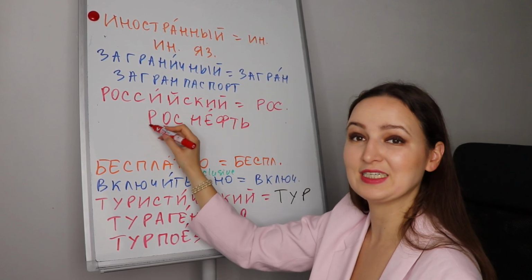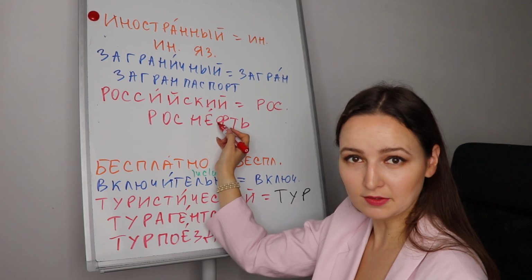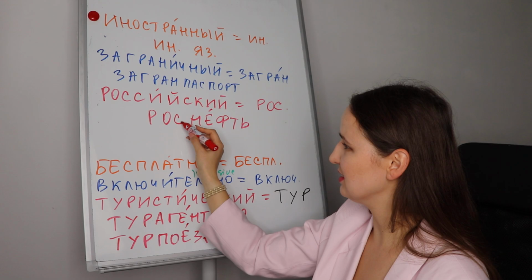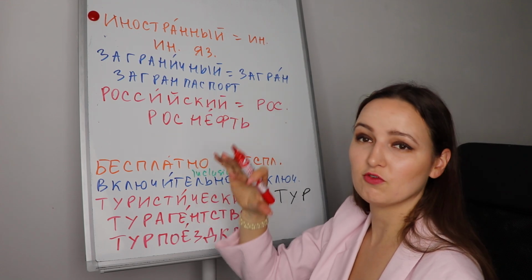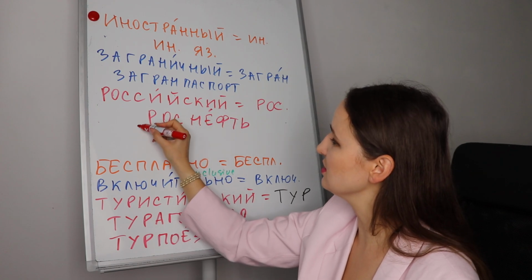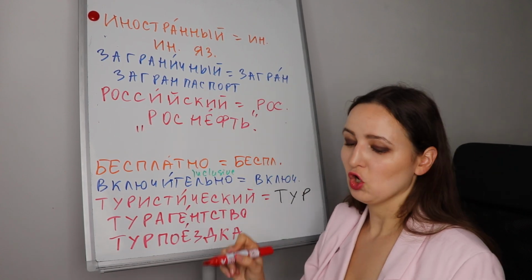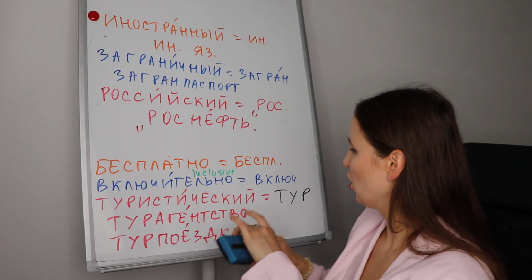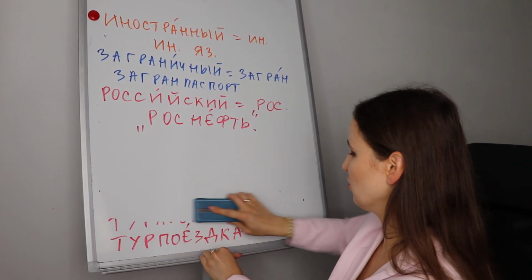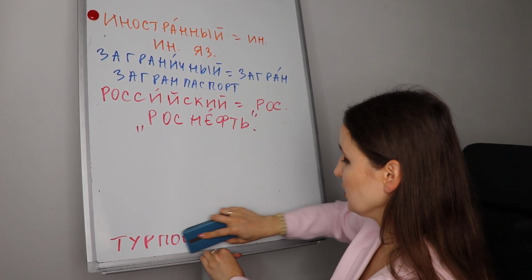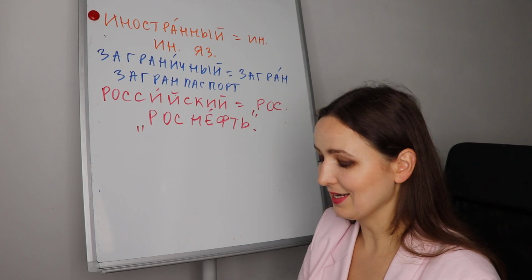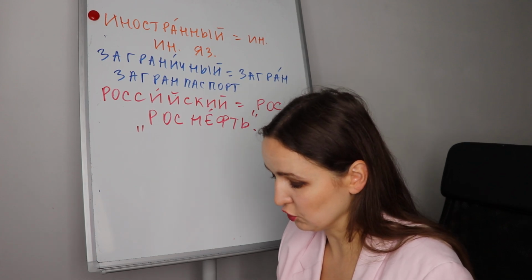Нефть is oil, right? Роснефть, Russian oil. Российская нефть. We abbreviate it and write it as Роснефть. This is the name of the company. Очень хорошо. So memorize that рос is российский, made in Russia.